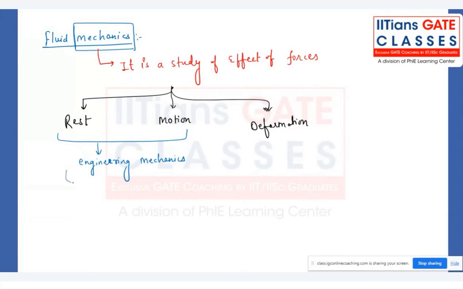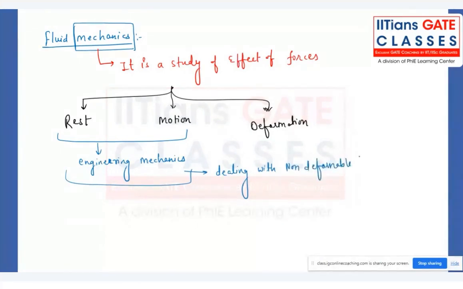Engineering mechanics is nothing but dealing with non-deformable bodies, that we also call rigid body mechanics, right? Now, but my dear friend, what are all the things you have covered in strength of material?